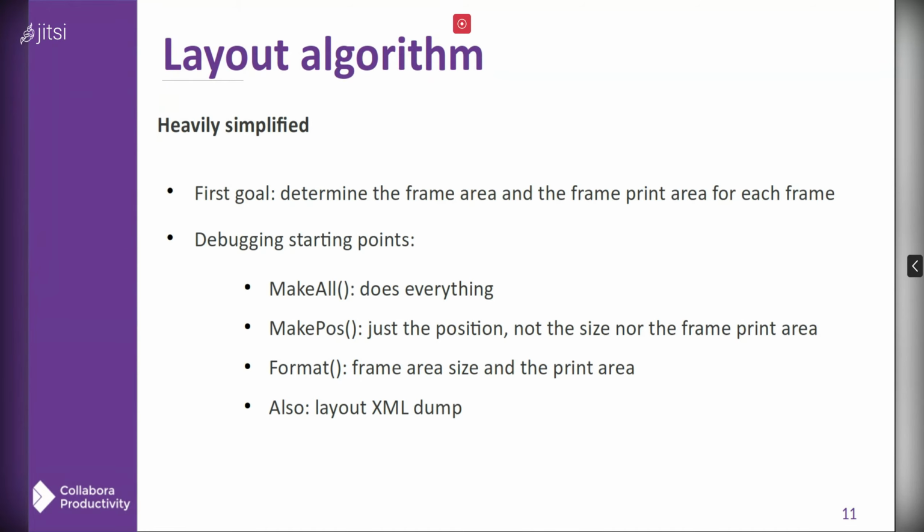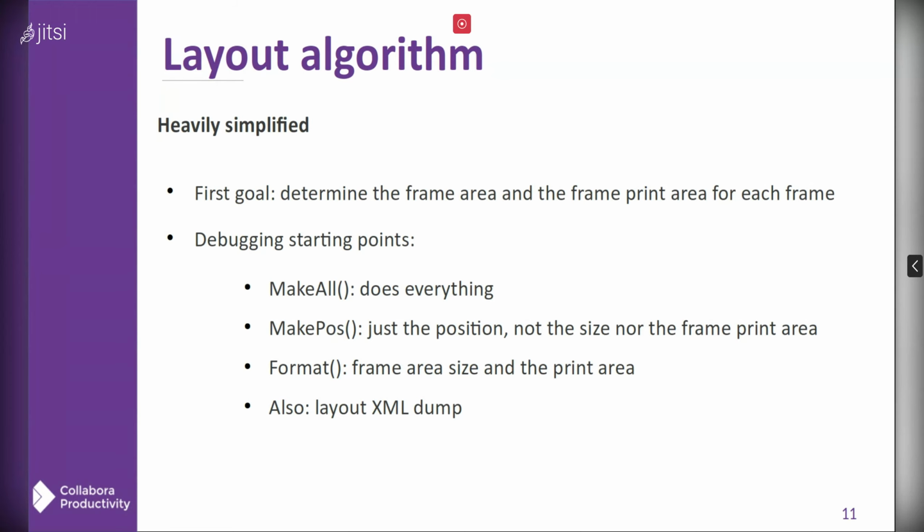The highest level one is this MakeAll, which tries to do everything. In case it's a multi-page table, then it will take care of perhaps splitting that table or joining some empty table at the next page, knowing that it has less content. It will do the positioning for you. It will take care of the sizing and everything.